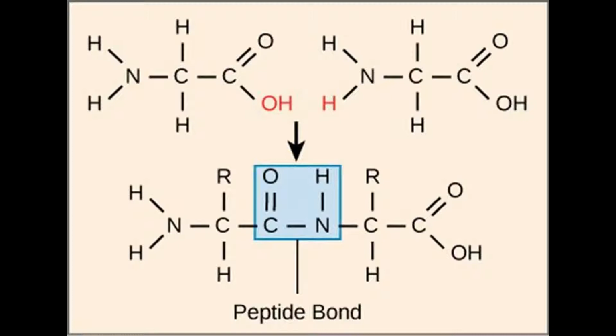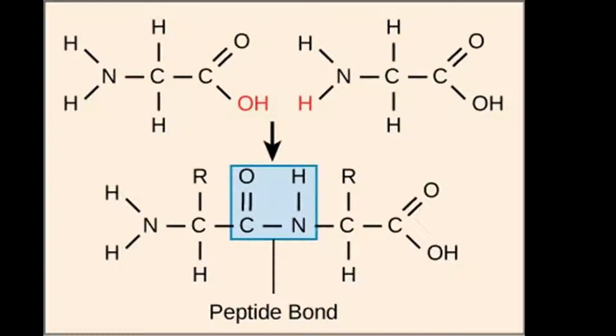You can now see the formation of a peptide bond on screen. The hydroxyl group and one of the hydrogens from the amino group detach and form one molecule of water. The carbon from the carboxyl group and the nitrogen from the amino group form a bond. A peptide bond. Dipeptides are formed by the condensation of 2 amino acids.